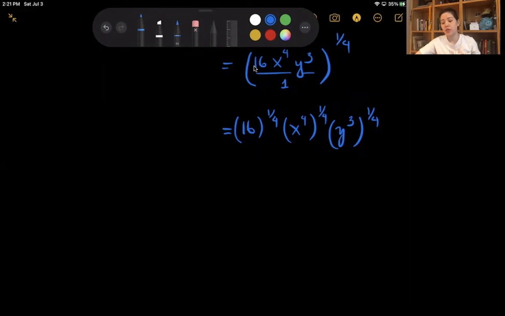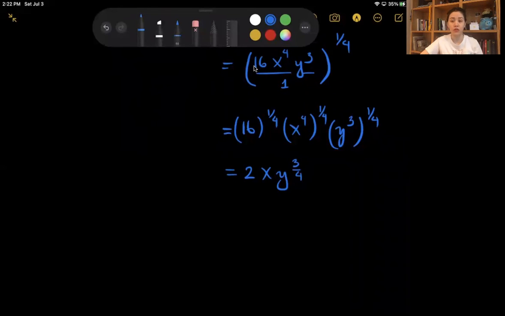Okay, so 16 to the 1/4 power is the same thing as taking the 4th root of 16. So I need to find a number that times itself 4 times to get 16, right? 2 works, right? So the 4th root of 16 is 2. x to the 4 to the 1/4, so that's just x. And y to the 3/4.